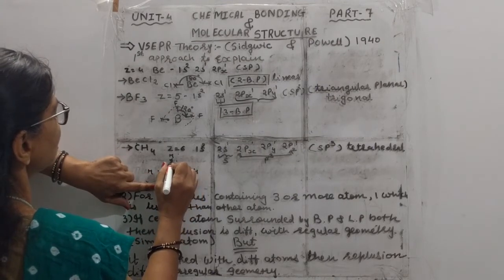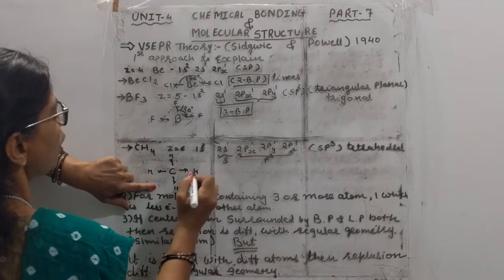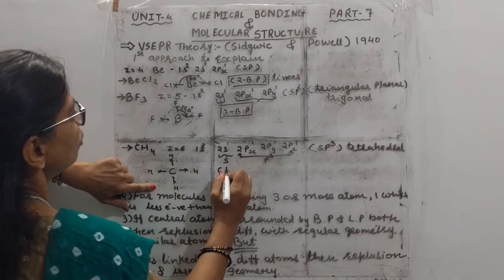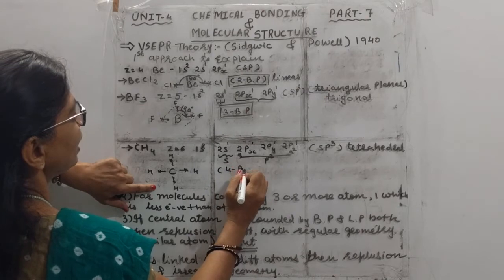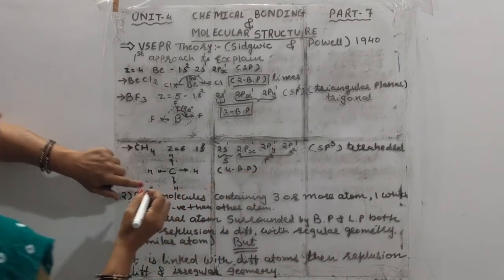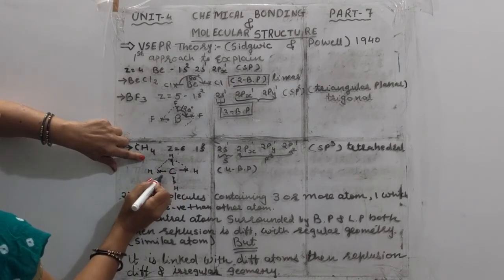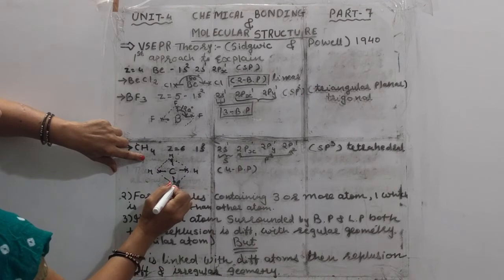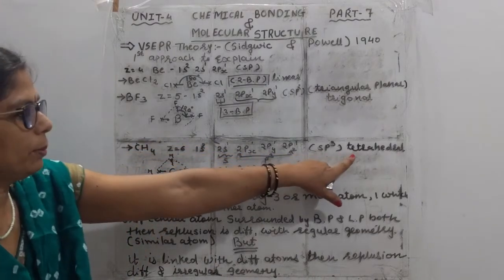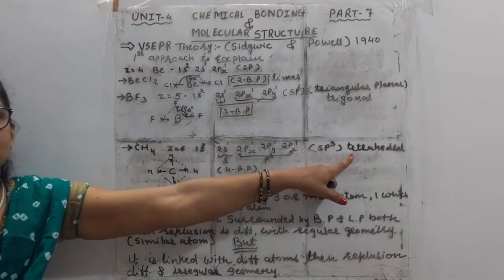Now here you can see that there are 4 bonds. So here you write 4 bond pairs. Now try to attach this, then the clear tetrahedral shape is seen.